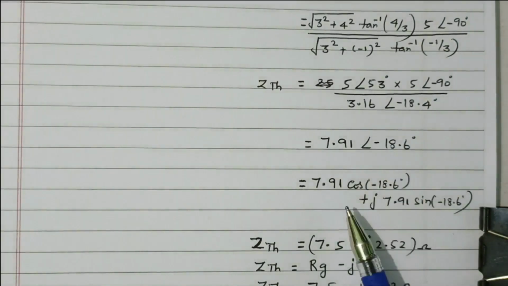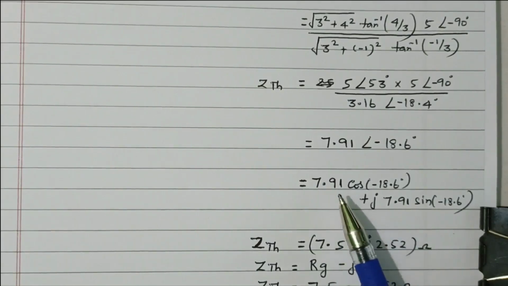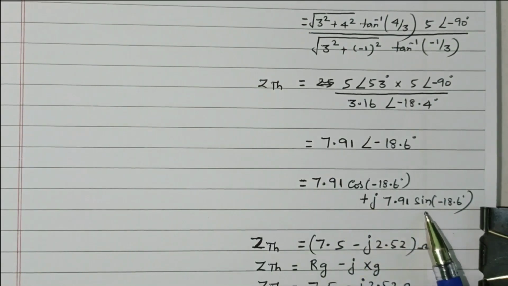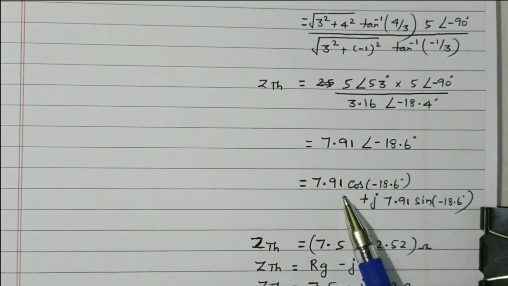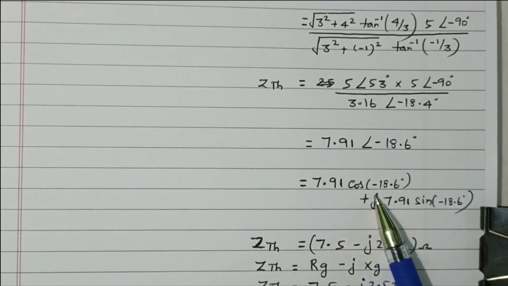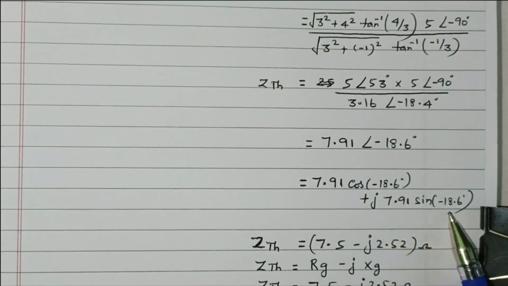So this should be converted into rectangular form for further process. To convert polar form to rectangular form, it is magnitude into cos of angle plus j into magnitude sine of angle. So 7.91 cos minus 18.6 plus j 7.91 sine 18.6.